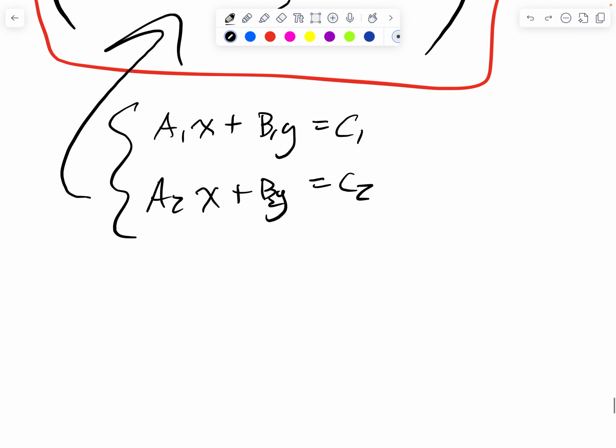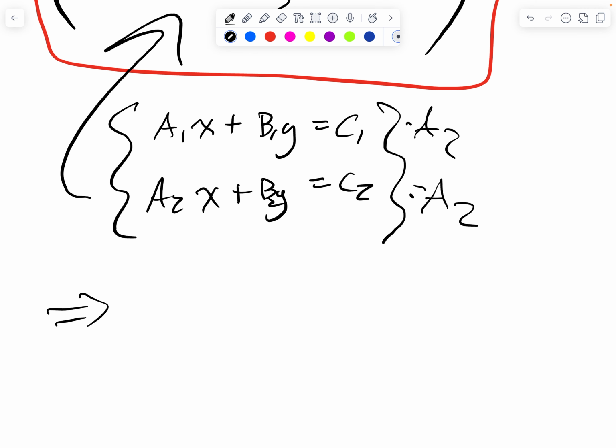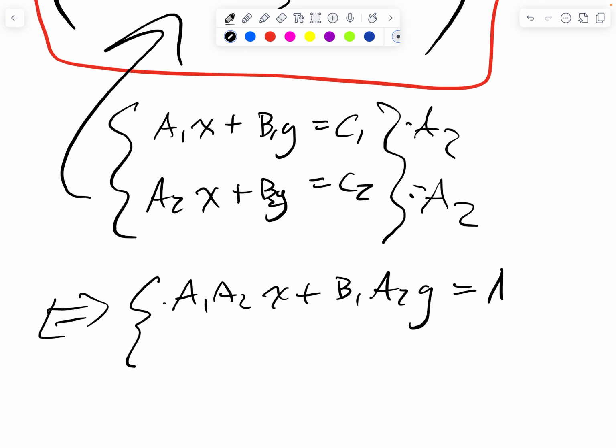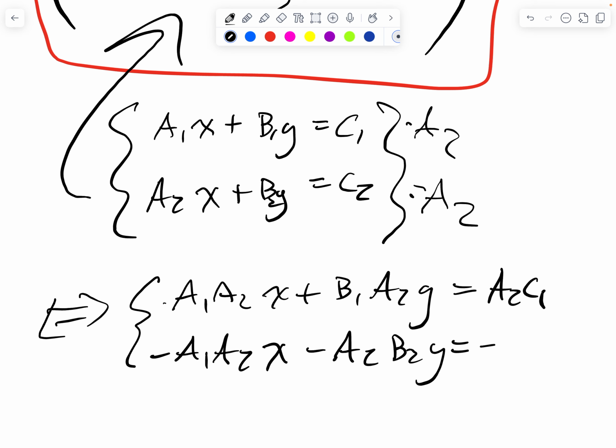Again, what did we do? We multiplied by A2, we multiplied by negative A2, and that gave us A1, A2, x, B1, A2, y, A2, C1, and then down here, negative A1, A2, x, minus A2, B2, y, negative A2, C2, there we go.